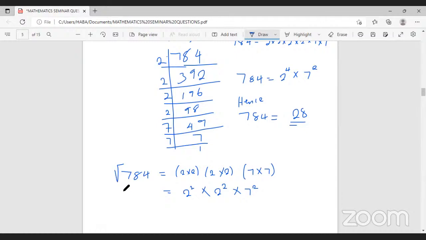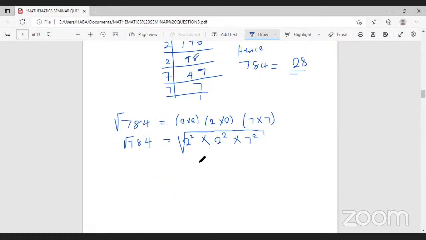So when we introduce the root on 784, we introduce the root as well on the right hand side. And then when we individually split it, root of 2 to power 2 times root of 2 to power 2 times root of 7 to power 2.